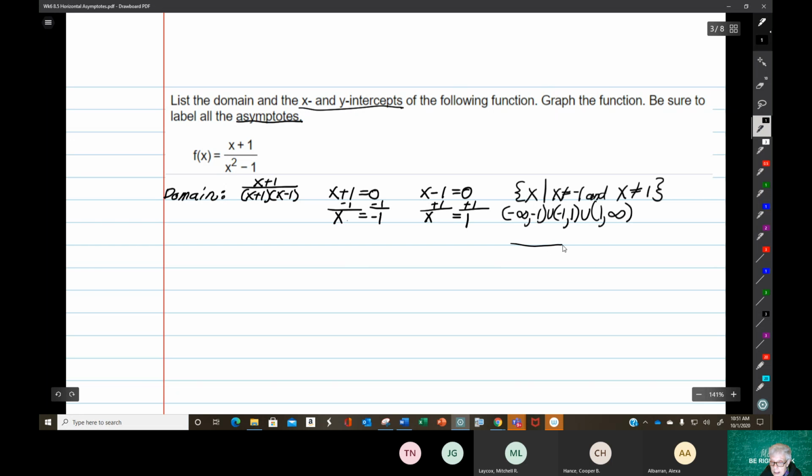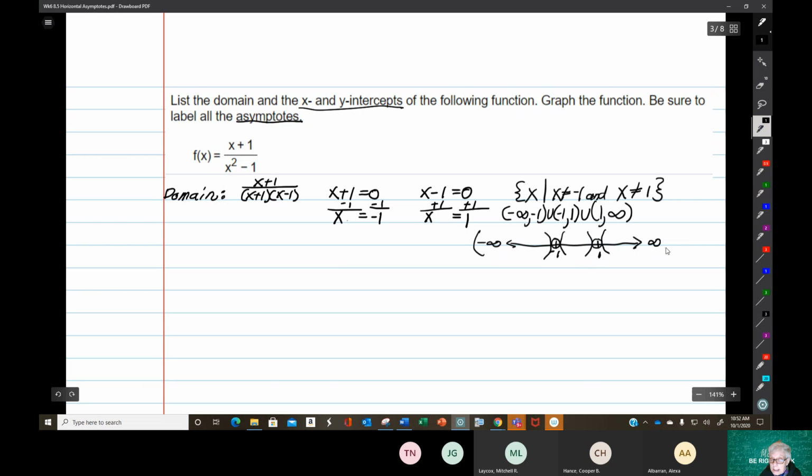And indeed, if this is the x-axis or the number line, we have negative 1, we have 1. Those are taken off the x-axis. And so all of the numbers from here to here are going to be okay. And all of the numbers on the x-axis from here to here are going to be okay.